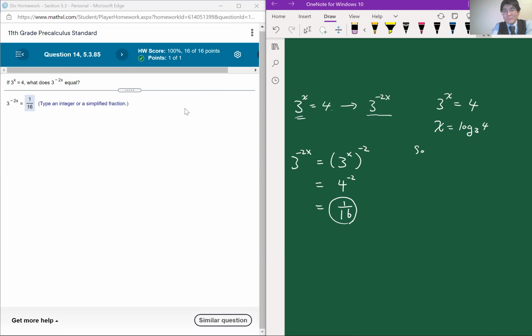Plugging this into the expression, it's going to be 3 to the power of negative 2 times log base 3 of 4, which is the same thing as 3 to the power of log base 3 of 4, to the power of negative 2. Using the property of the inverse, this is equal to 4 to the negative 2, which is 1 over 16. So this can be solved by first finding what x is as well.